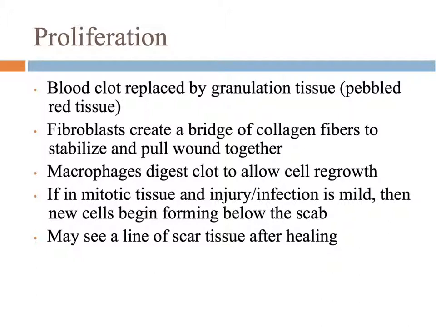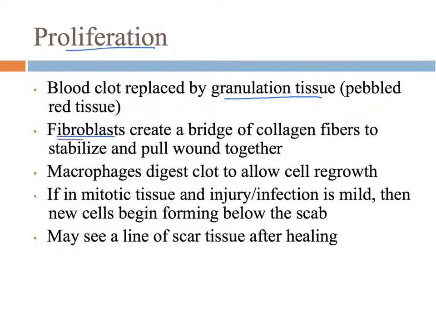After the inflammation stage is over, we move into proliferation. Proliferation means multiplying, so this is when you start to see some new things being added. The blood clot is replaced by granulation tissue, which you will probably recognize as the pebbled red tissue underneath your scab if you pick your scabs open.